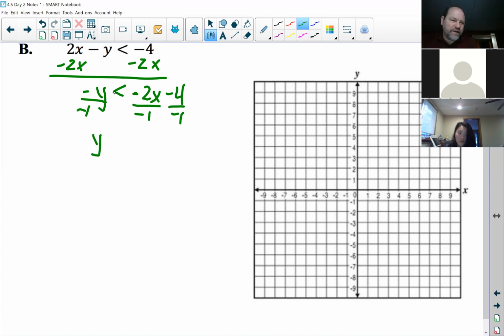Because I divide by -1, my inequality becomes greater than now instead of less than. So if the coefficient of the y is negative, when we divide, we're going to switch our inequality symbol. On the right-hand side, the -2x divided by -1 becomes +2x, and -4 divided by -1 becomes +4.